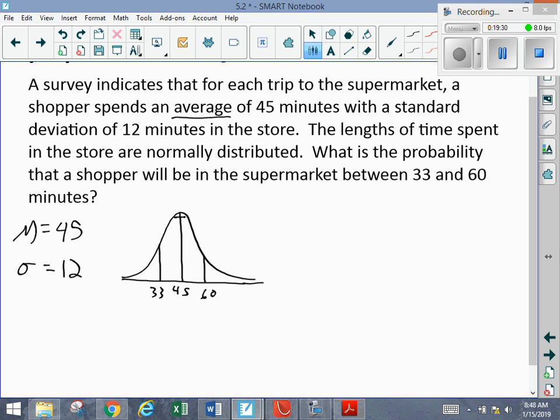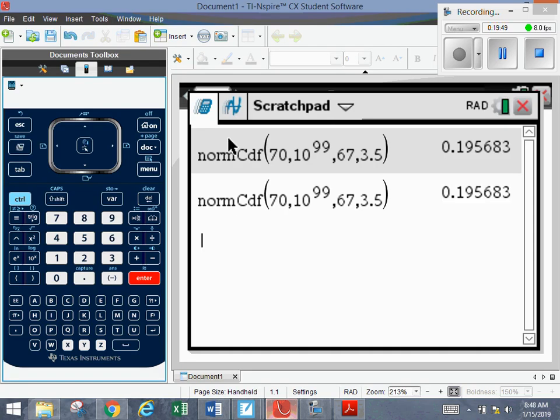So what are we trying to find? This shaded region. All right, cool thing about the calculator is now that I have identified the shaded region, I can just straight up go into the calculator, and state my answer. This is the most efficient way to answer this question.